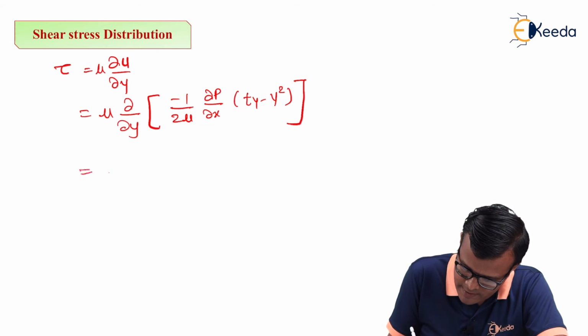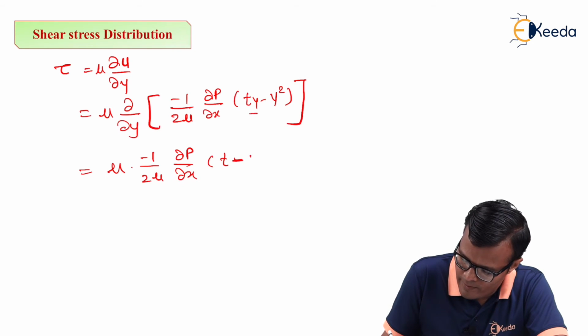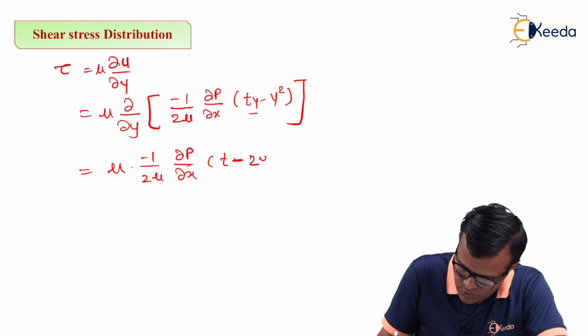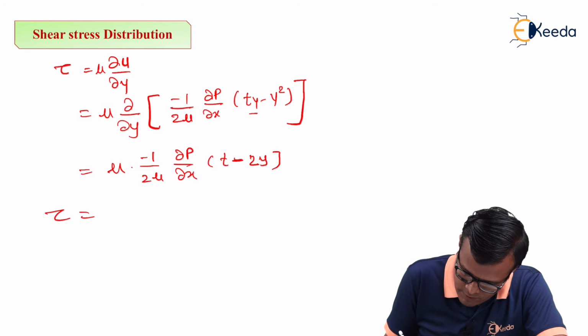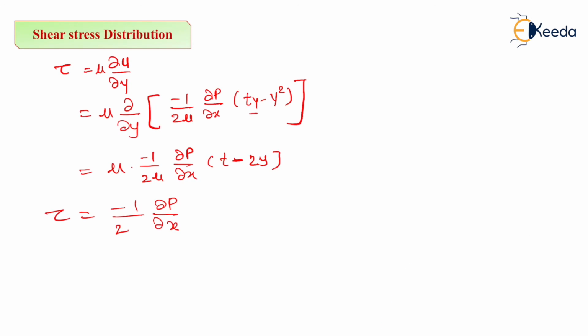We will have relation as mu into minus 1 upon 2 mu del p by del x into this t minus, the derivative of this y becomes constant into 1, so t, and y square becomes 2y, so 2 into y. So it becomes tau is equal to minus 1 upon 2 del p by del x into t minus 2y.